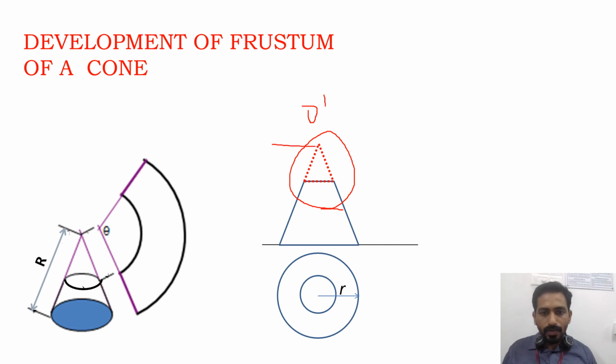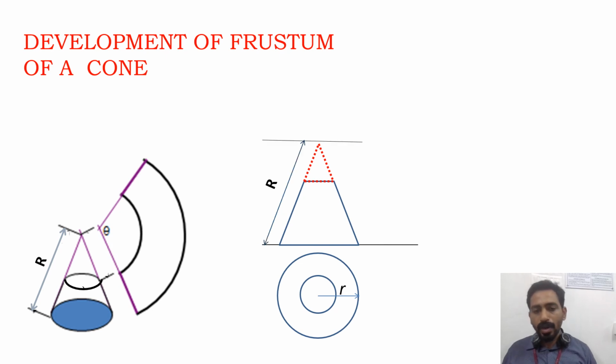This will be the length equal to capital R, and this will be the length equal to capital R1. Now that's marked as capital R. Now I'll draw the parallel lines.